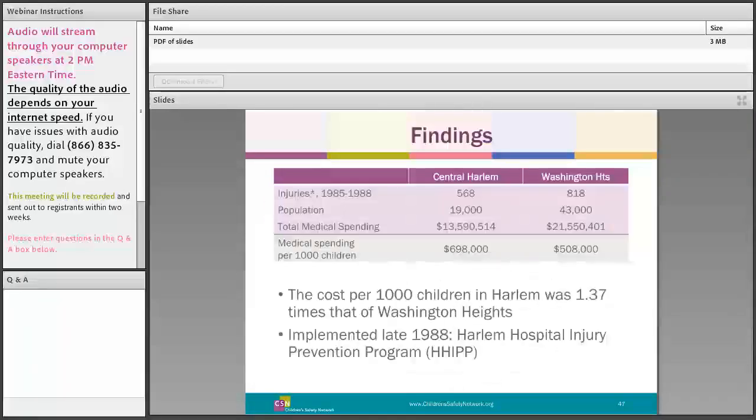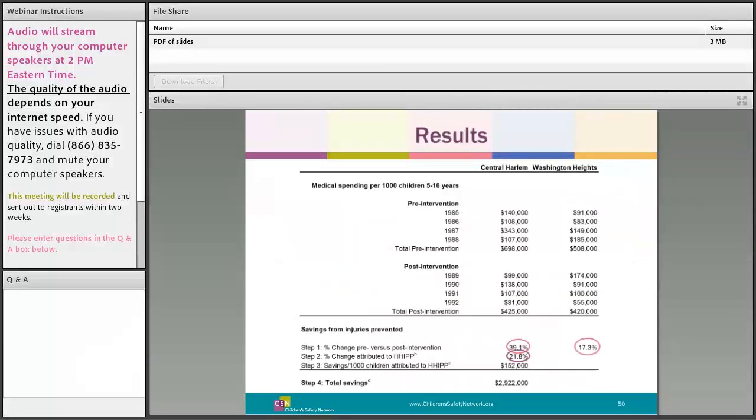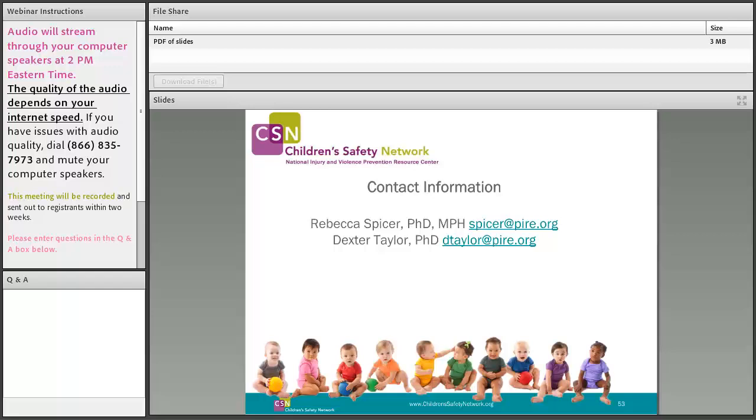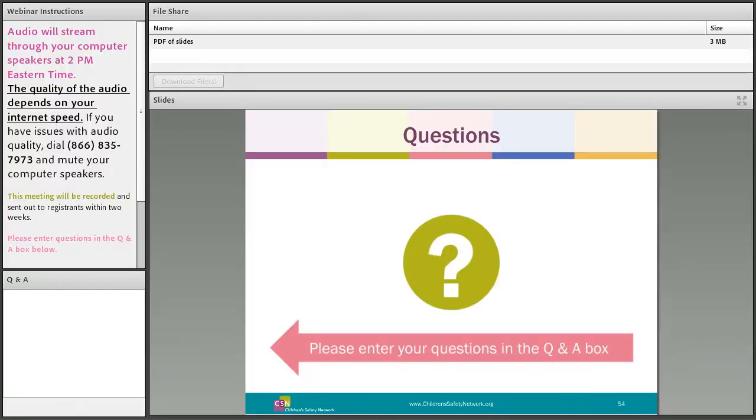Under CSN's work, we will be looking at that later in the year and publishing our cost of injuries in 2013. And they will include quality of life costs. But if you want to compute quality of life costs per injury, we could give you a cost per injury estimate.